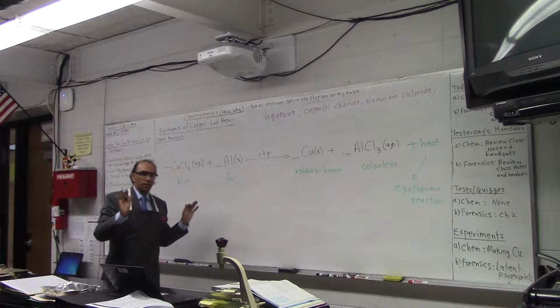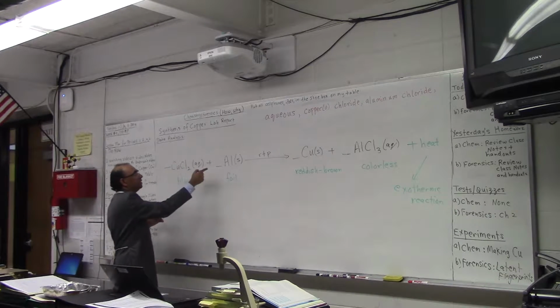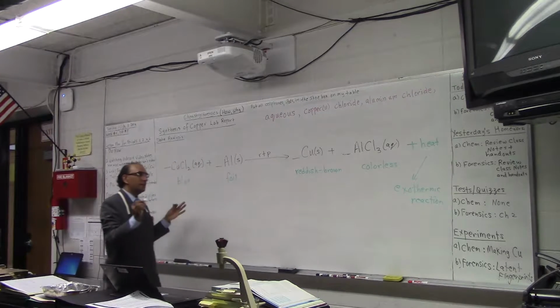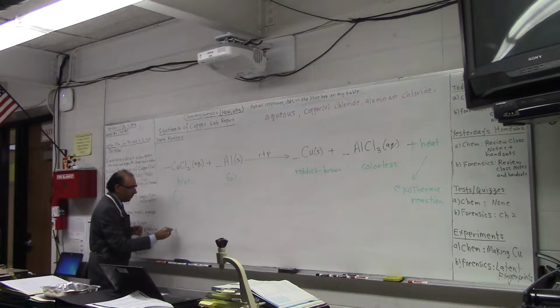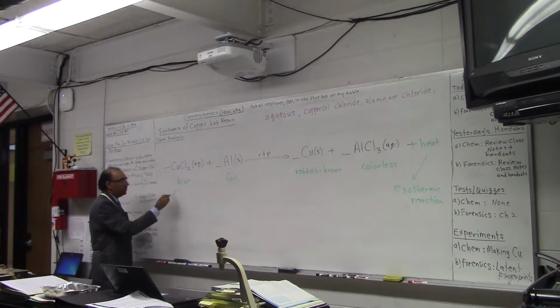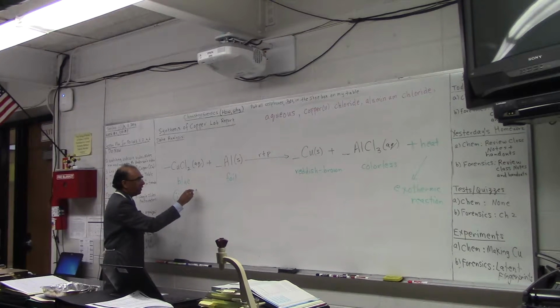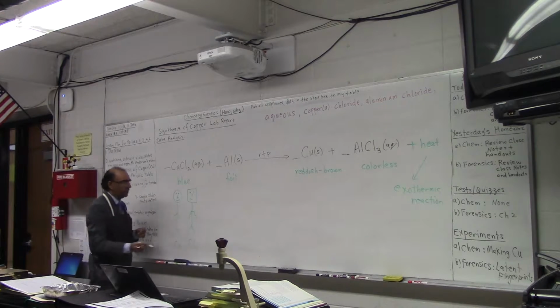And then if you want to model this, because this is a single displacement reaction in the form of A plus BC, and then there's a displacement. What I did in class, and which students actually enjoyed, I represented the copper using stick figures. So that's your copper. I use another stick figure over here, and I call that chloride.